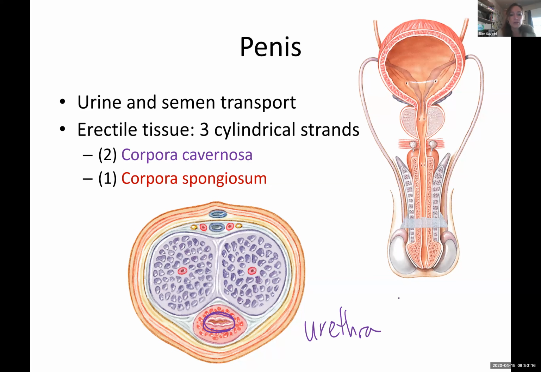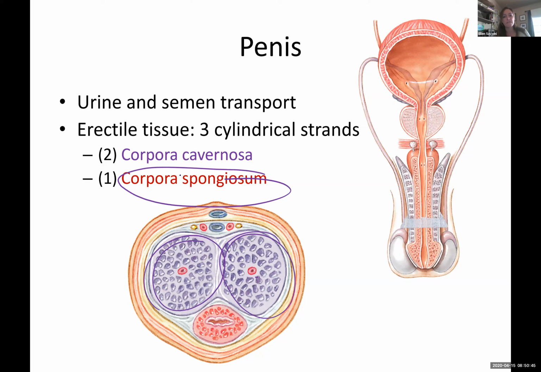That is the penile urethra itself. The point of corpora spongiosum is to inflate, it gets erectile tissue, but it does it to keep the urethra propped open. It does it to prevent excessive fluid and blood filling the cavernosa. You don't want it to encroach and block or pinch off the urethra. So the corpora spongiosum also inflates around the urethra to protect it so that that pathway out can remain open.